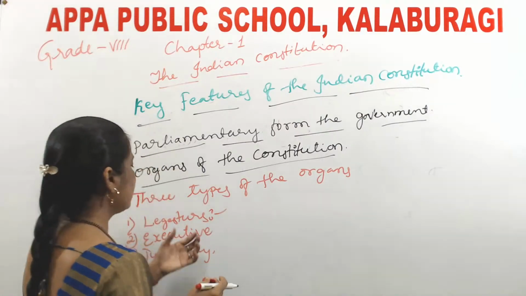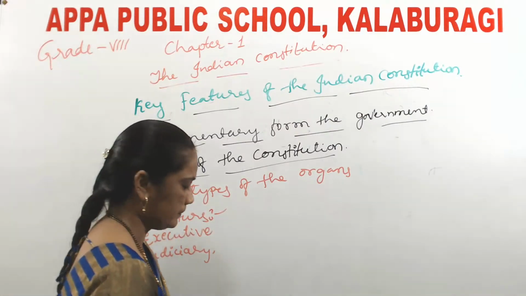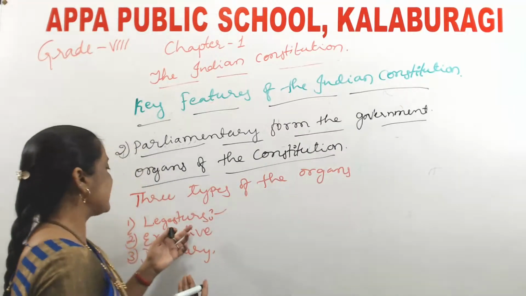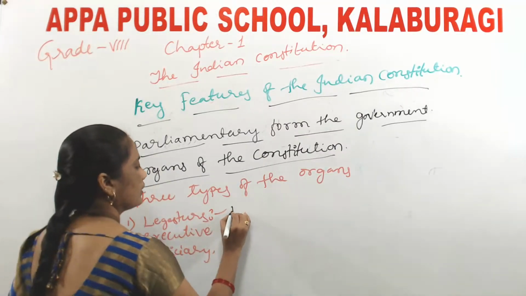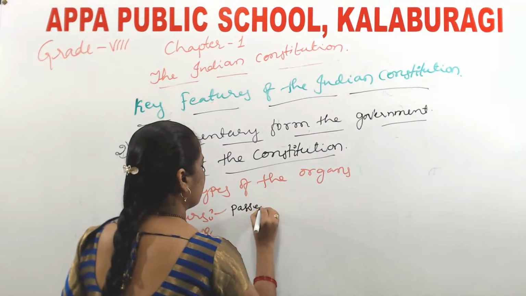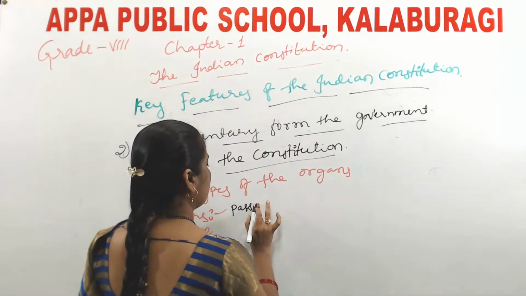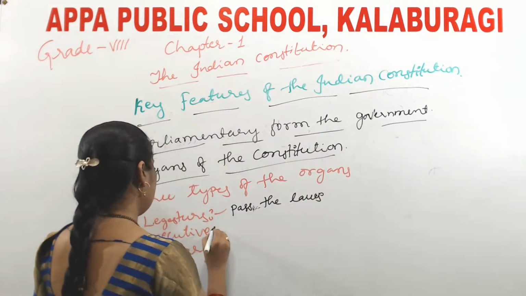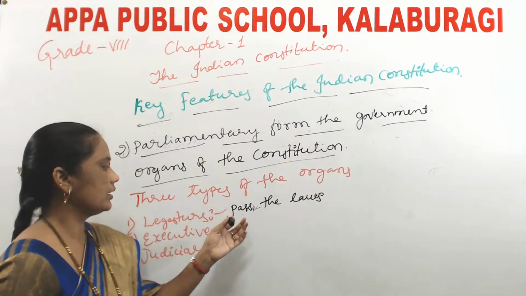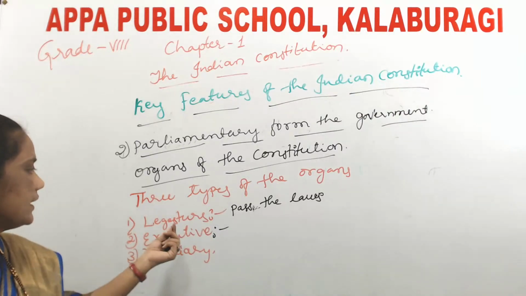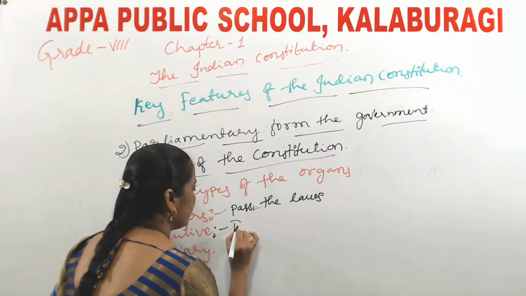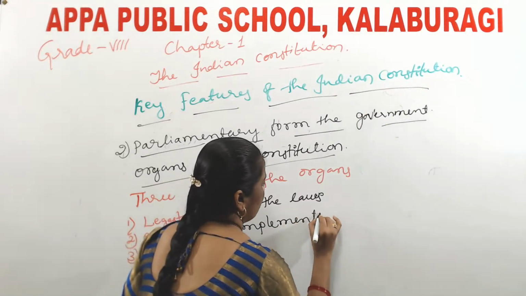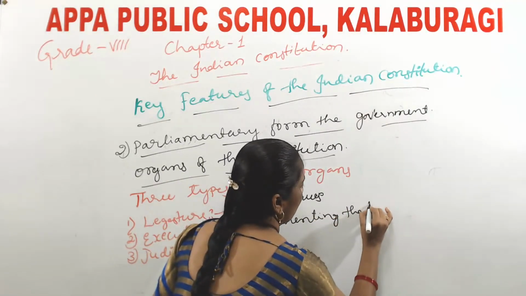Legislature means it passes the laws. Executive means the laws passed by the legislature are implemented.